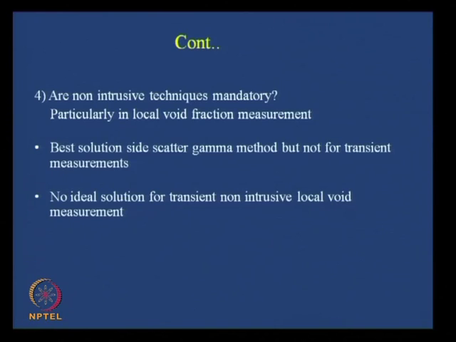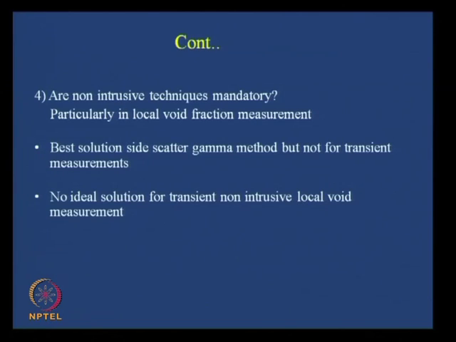Now, suppose the fluids are such that we cannot approach the fluid, or non-intrusive techniques are mandatory. Maybe the fluid is of high quality and it will get contaminated if anything is inserted there. It can happen. Particularly for local void fraction measurement, intrusive techniques are almost the only ways by which we can do it. So, if non-intrusive techniques are mandatory, what is the best method?